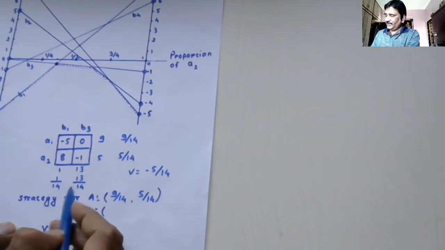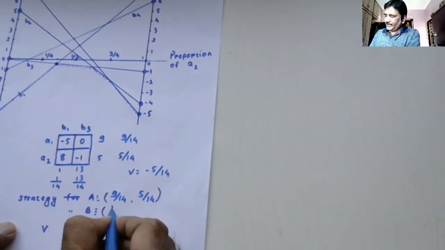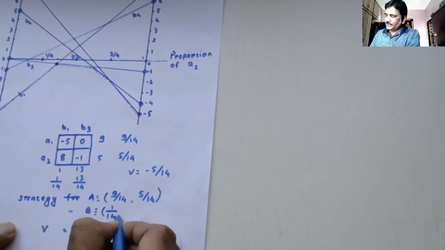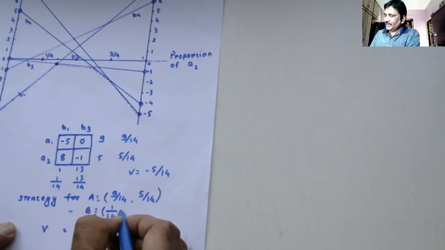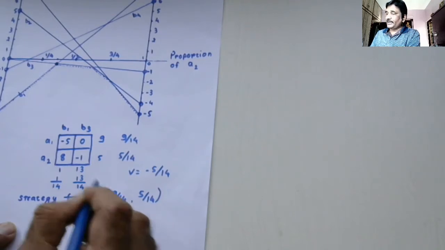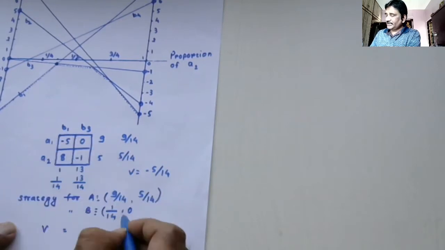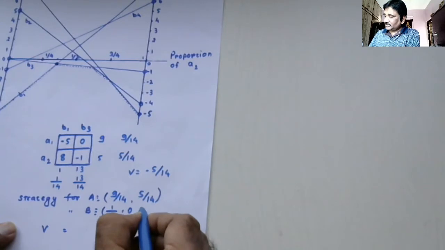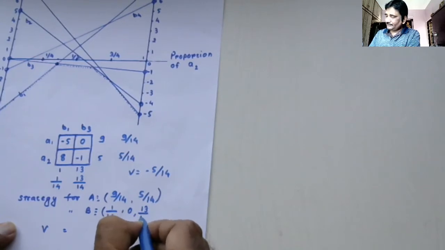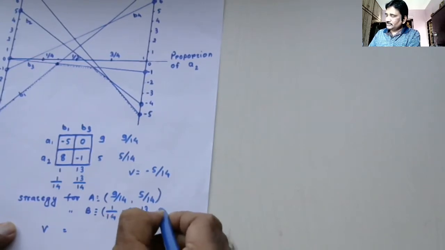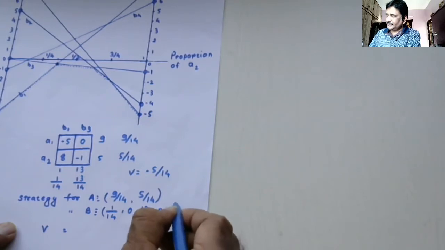B1 is getting played once out of 14 times, meaning very few times. B2 is not getting played because it is not in the game we have selected. B3 is getting played 13 out of 14 times. B4 is not there, B5 is not there.